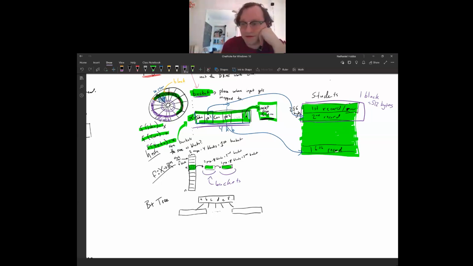You could make each bucket 1 page, which would take up some number of blocks, depending on the hard drive and the block size. So here, 1 bucket could equal 1 page, which would equal 16 blocks on disk.